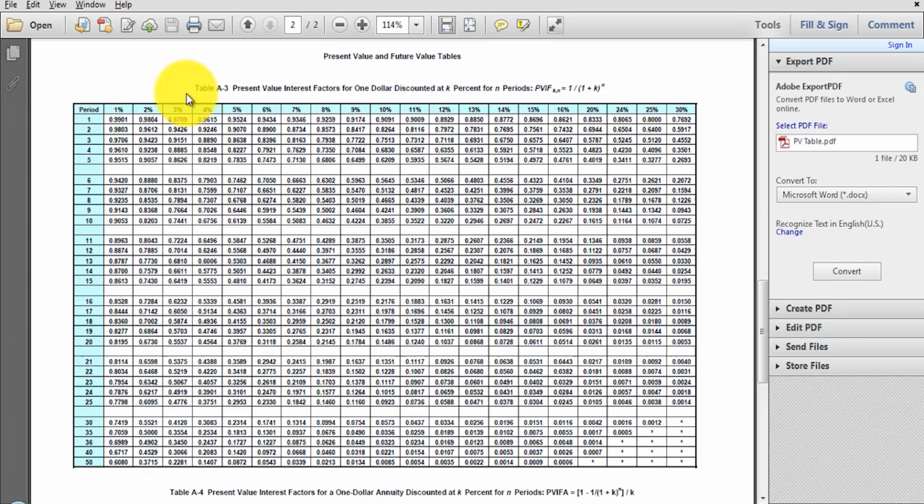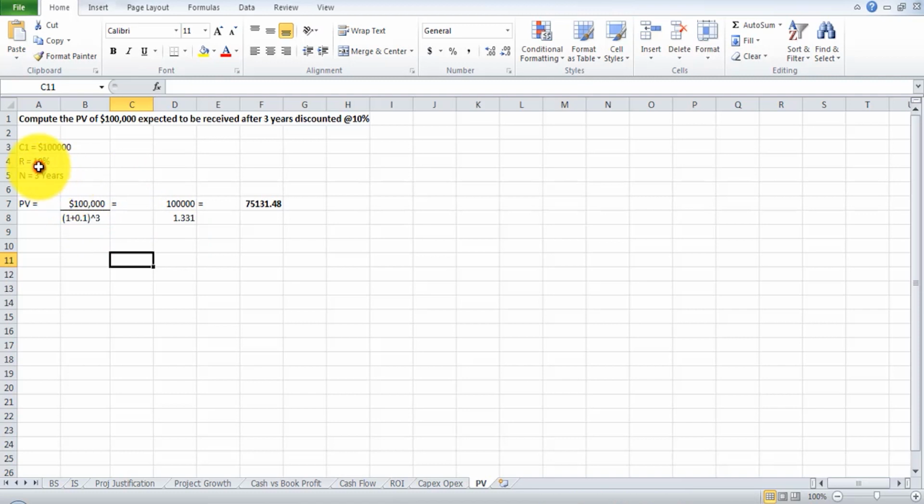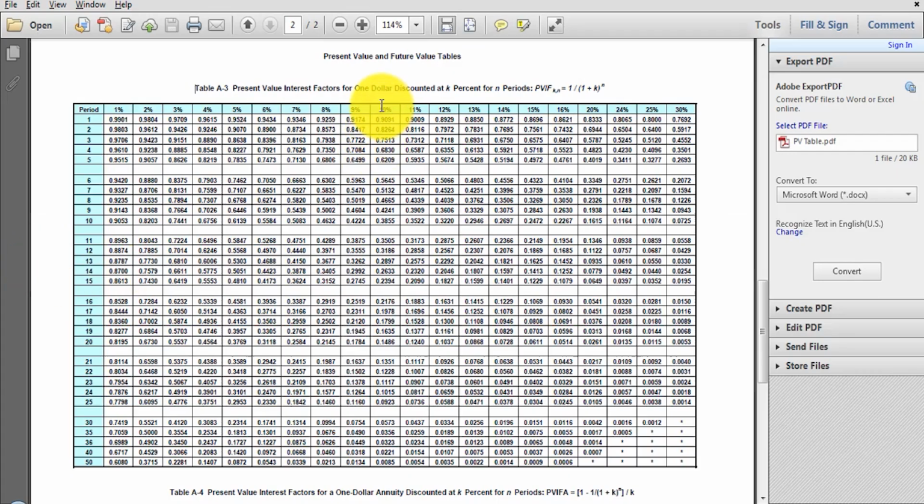Okay, so getting back to the table, how do you study the table over here? Remember, we had a discount rate of 10%, that is, a hurdle rate of interest of 10%. So we're going to look at 10% over here, for 3 years. You have the number of year periods, 0.9091, 0.8264 and 0.7513.